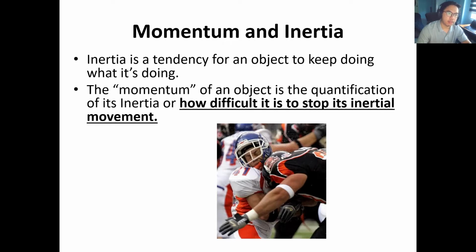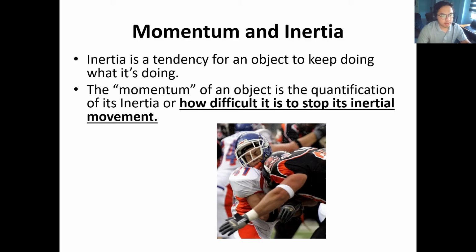Now, talking about stopping an object reminds us about inertia. If you remember, inertia is a tendency for an object to keep doing what it's doing. If it's already moving, the object will keep moving in the same speed and in the same direction. If the object is not moving, it will continue to not move.